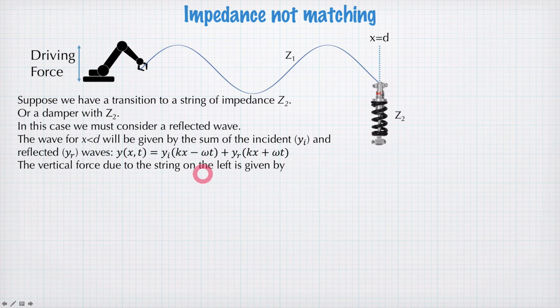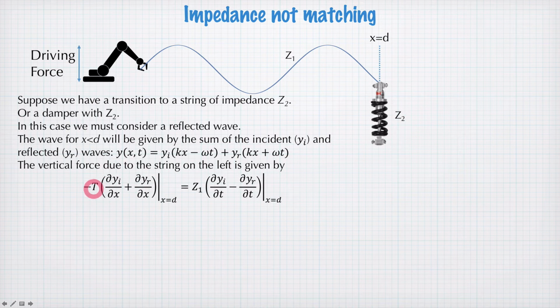Now the vertical force on the string attached to the damper, so the string attached here on the left of the damper, will be given by the sum of the gradient due to the incident and reflected waves multiplied by the tension. So you want the vertical component of the force, it's the tension multiplied by the gradients. So that's this term here, the tension multiplied by the gradient due to the incident and reflected waves.